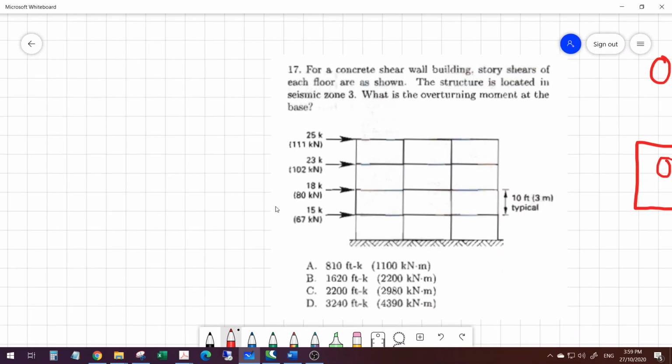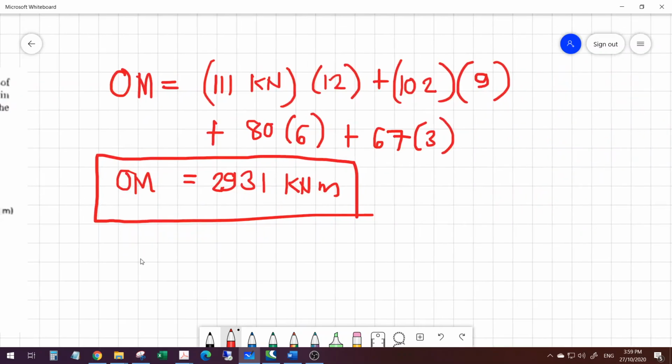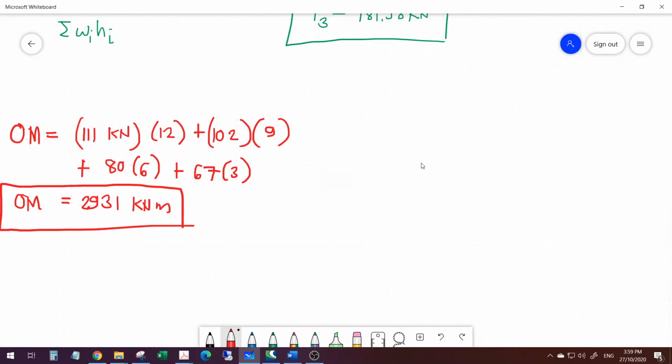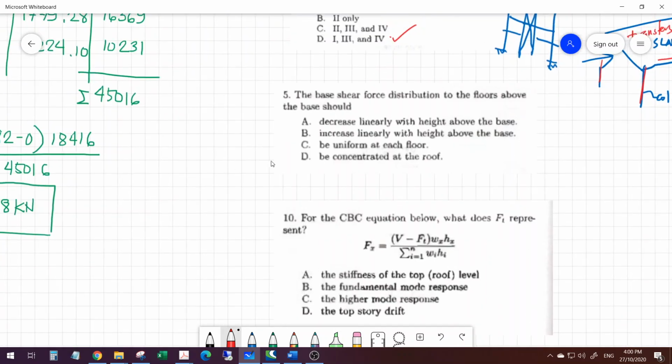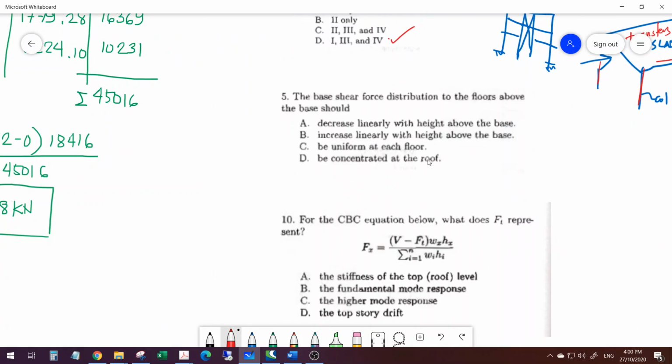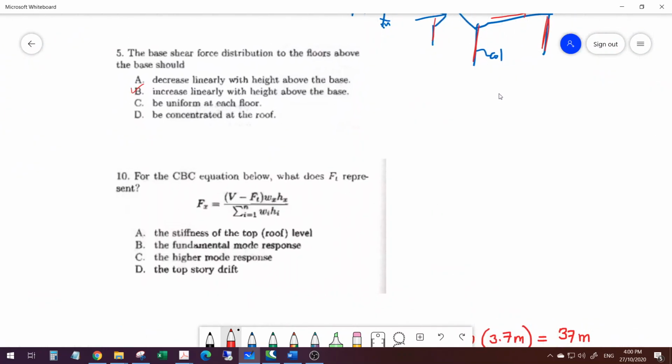So in general, the lateral force is increasing linearly. So that's the vertical distribution of base shear. In general it increases linearly with height above the base. If you try to draw a free body diagram of that, it is something like this, right?